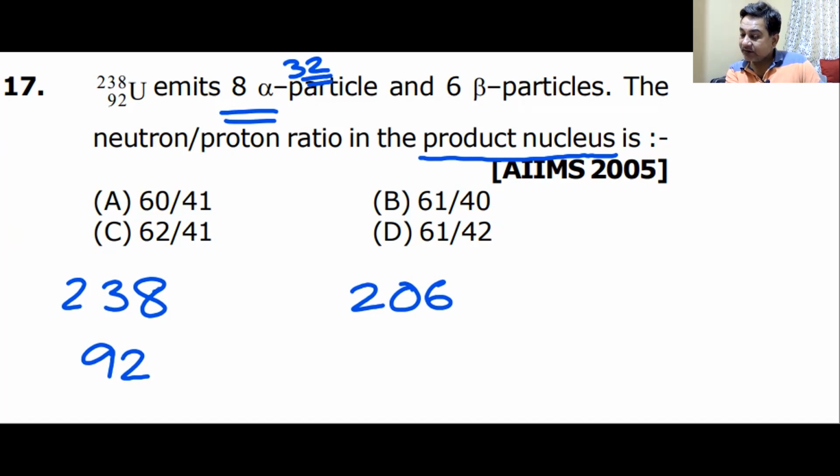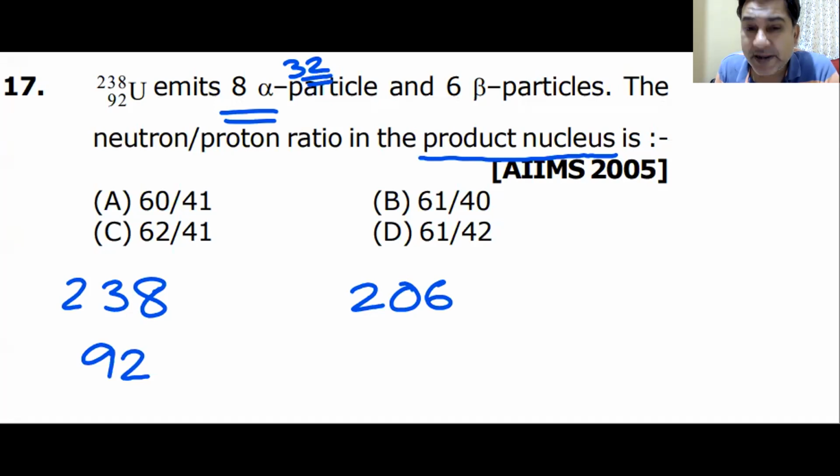See, that is the problem. If you don't remember it, you will get confused. In beta negative, mass number remains same and the atomic number increases by 1. Yes or no?